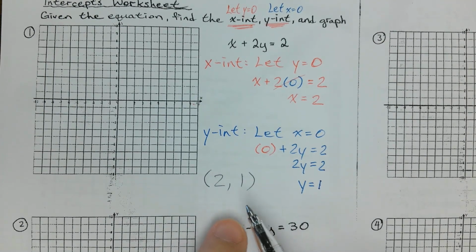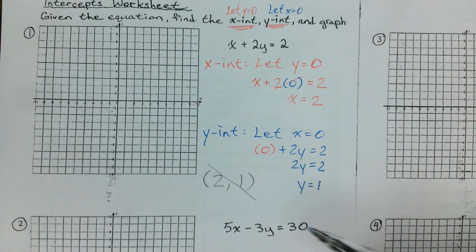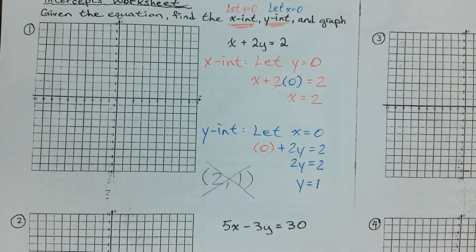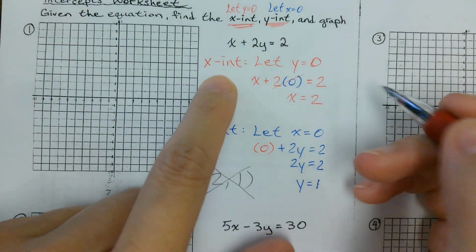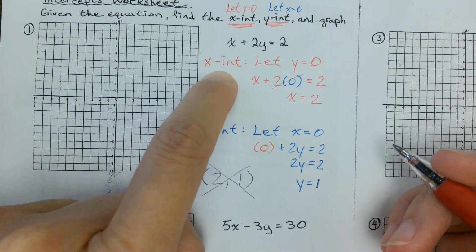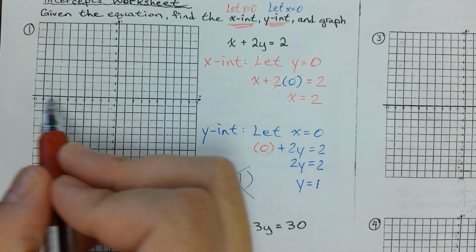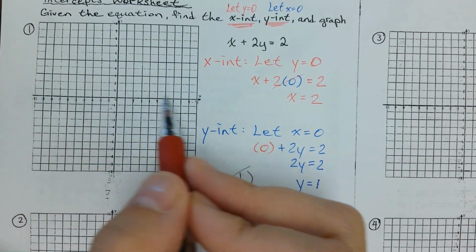Petro, why not? Antonia. Because for the x-intercept, it has to be 2, for example, and y has to be 0. Yeah, this is your x-intercept. You guys just told me x-intercept means it's a point on the x-axis.